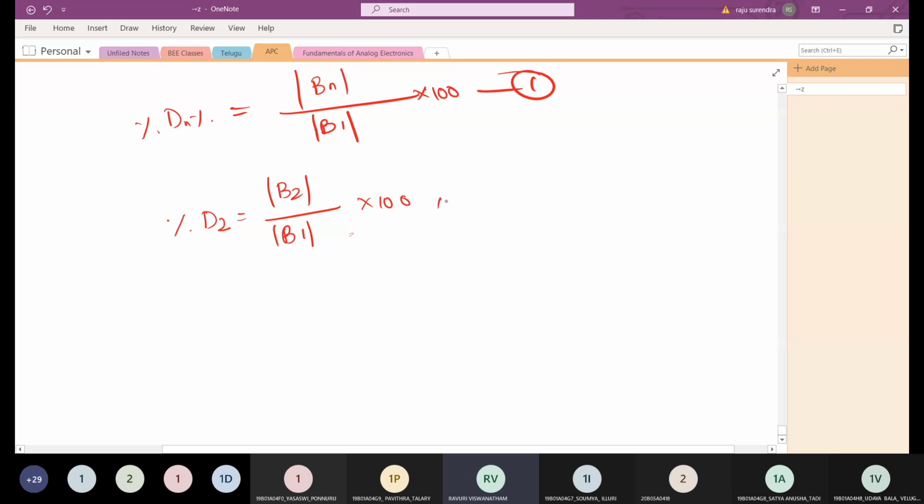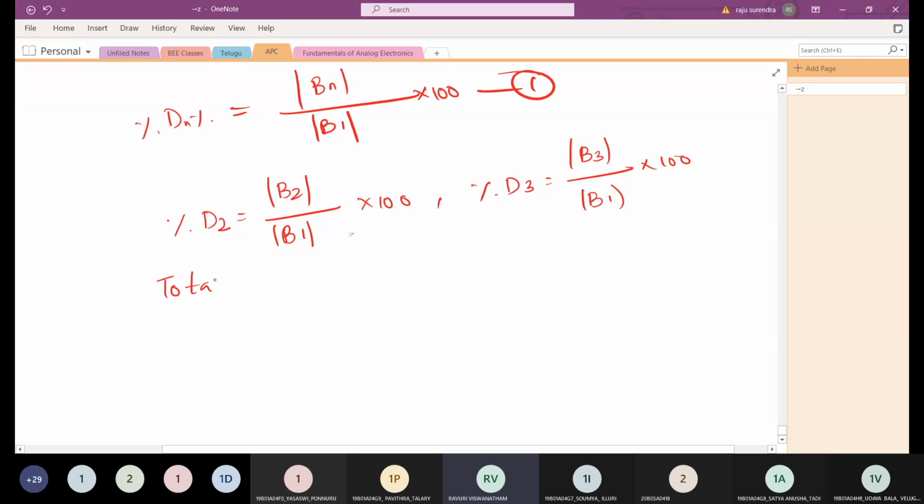For the third harmonic, the percentage D3 is B3 divided by B1 multiplied by 100. All of you understood?